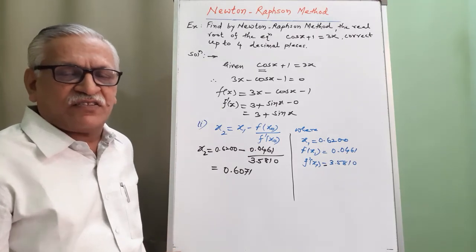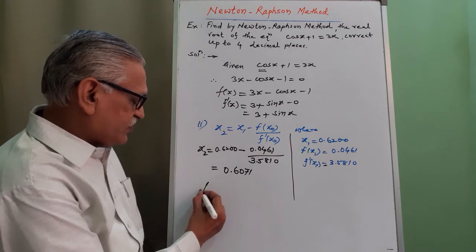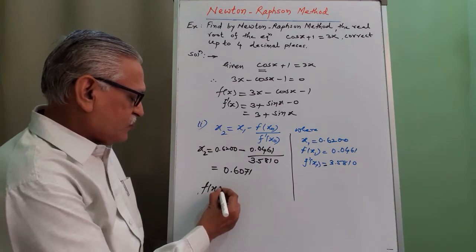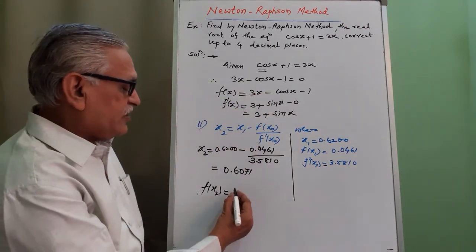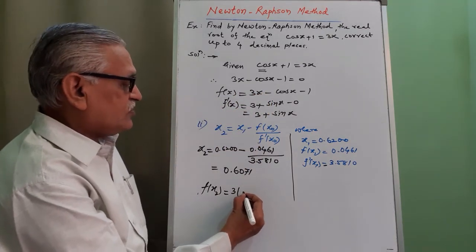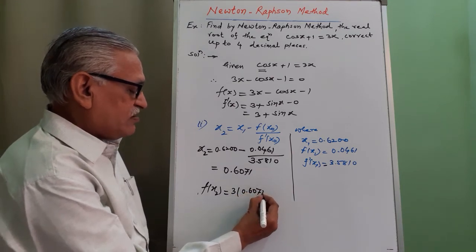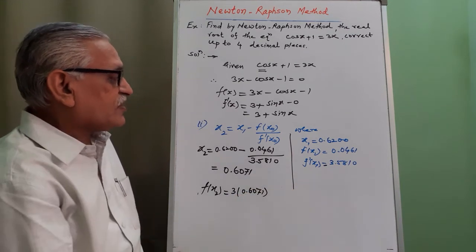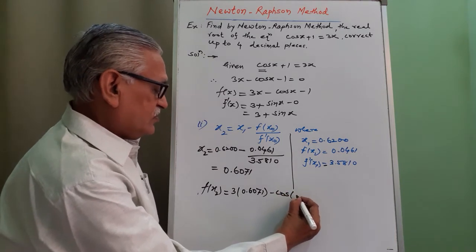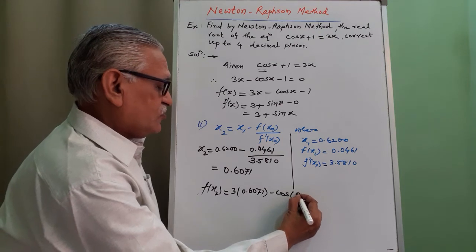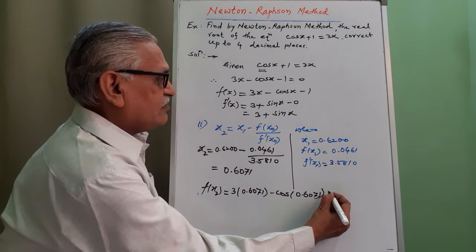Once again we check whether this is the root or not by finding the corresponding value of the function. Therefore f at x2, substituting that value here, we get 3 into 0.6071 minus cos of 0.6071 and minus 1.